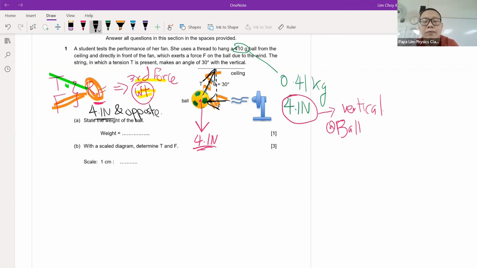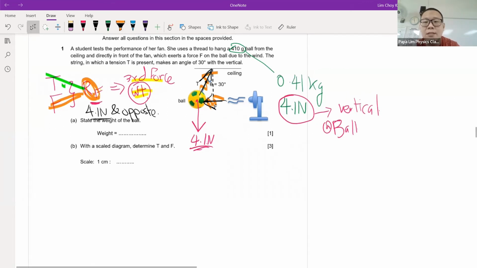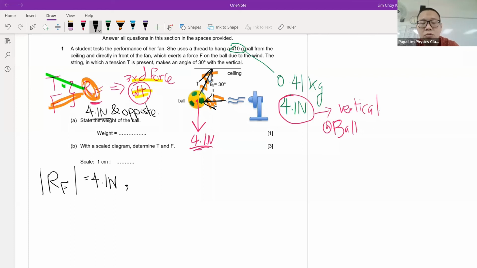Effectively, I know that the magnitude of the resultant force RF will be 4.1 Newton. I also know the direction: it will be totally opposite, 180 degrees with respect to the weight of the ball. So I know that it will be acting vertically upwards.